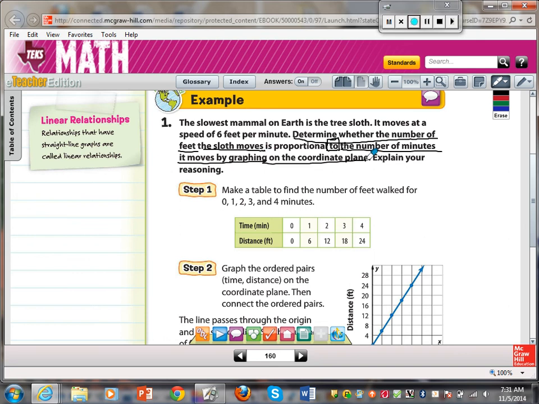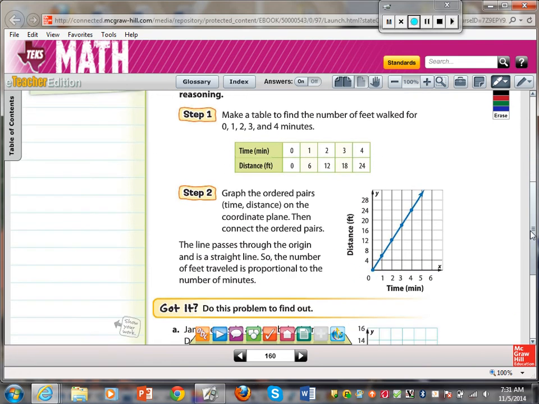the coordinate plane. But if you take a look at step number 1 here, it says, make a table to find the number of feet walked for 1, 2, 3, and 4 minutes. If you study your table here, on the top you have time, on the bottom you have distance. So at 0 time, what was its distance?